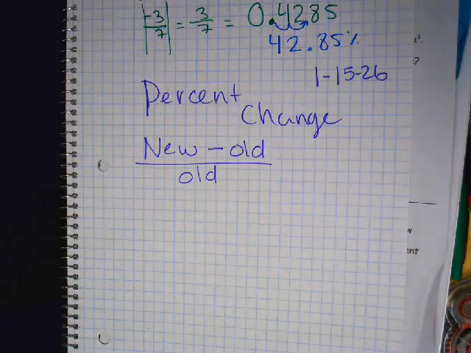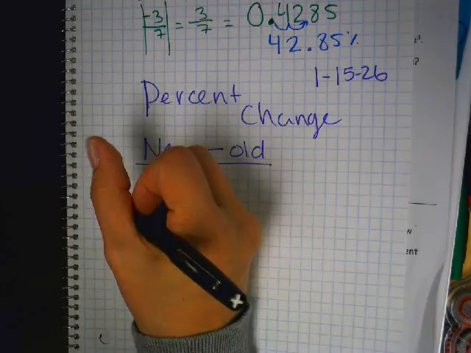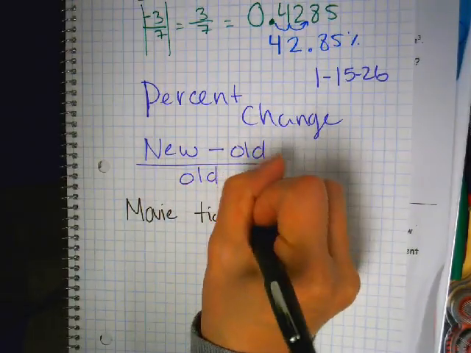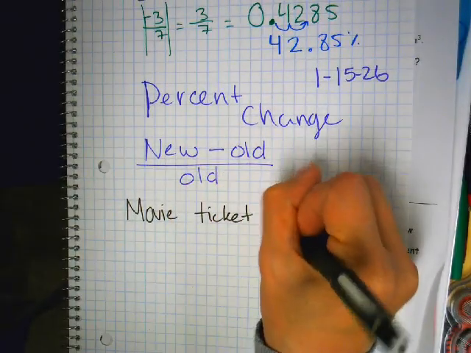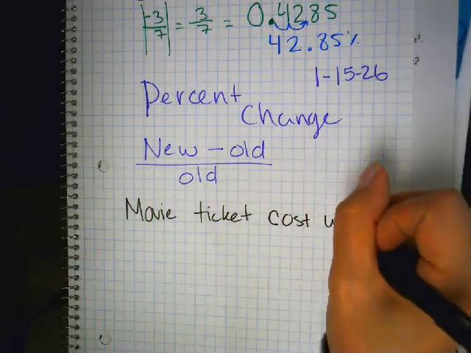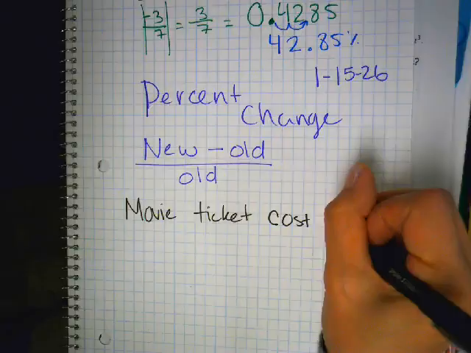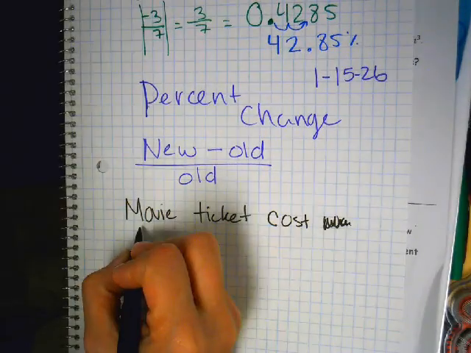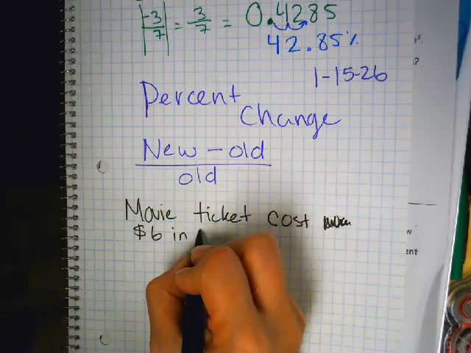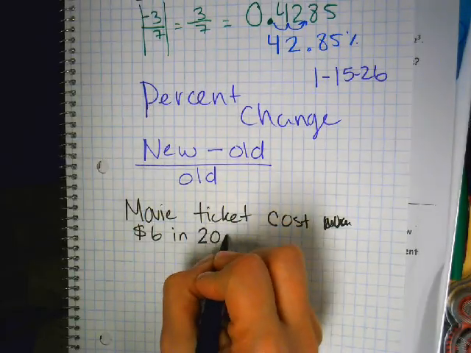Let's say that a movie ticket, so let's write this down. A movie ticket cost $6 in 2010. Okay.